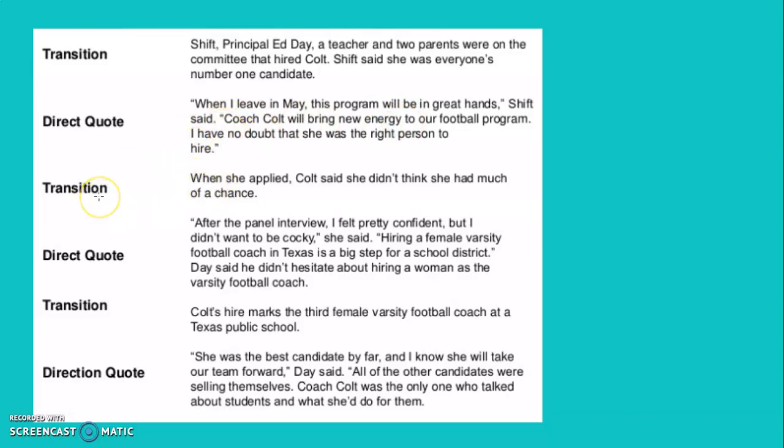When we say transition, we have transitional devices, like dangling modifiers, or transitional phrases like with that, or in connection to this. So, again, the transition or quote formula goes like this: transition, quote, transition, quote, transition, quote.